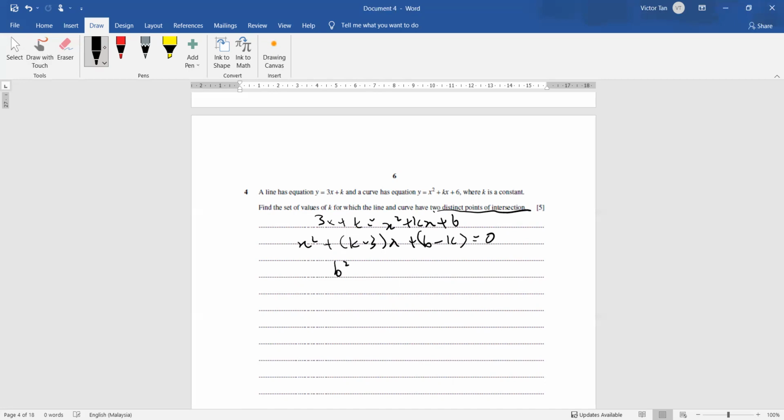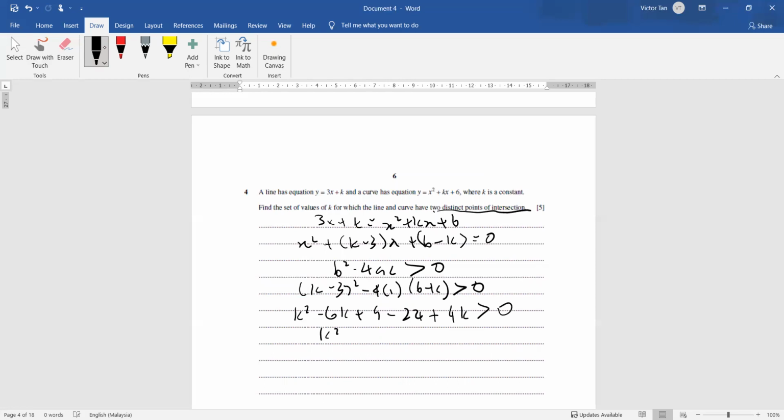So the discriminant b squared minus 4ac is larger than 0. (k minus 3) squared minus 4 times 1 times (6 minus k) is larger than 0. So I'm going to expand quickly. That's k squared minus 6k plus 9 minus 24 plus 4k larger than 0.